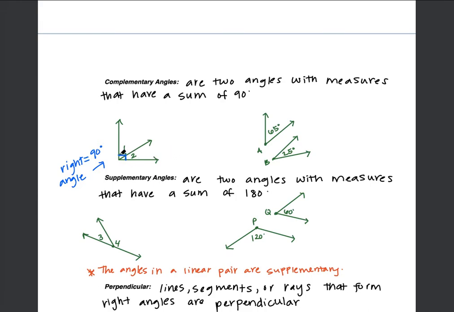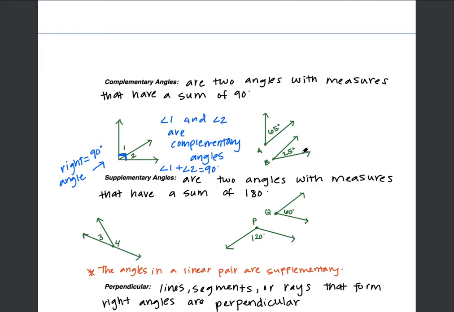Okay, so this little symbol right here means that it's not 90 degrees, so I know that angle 1 and angle 2 are complementary angles. Or I can say that angle 1 plus angle 2 is equal to 90. That's what complementary means, right? They add up to 90 degrees.